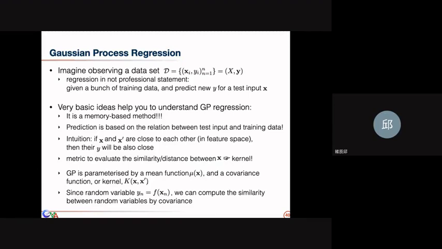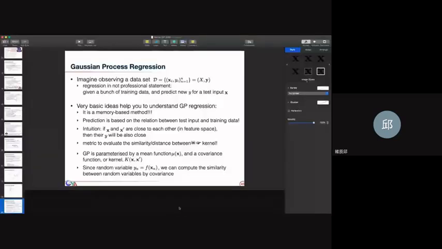The Gaussian process is parameterized by a mean function and also a covariance function. The covariance function is related to the kernel, and because the random variable yn equals f of xn, we can compute the similarity between random variables by covariance.